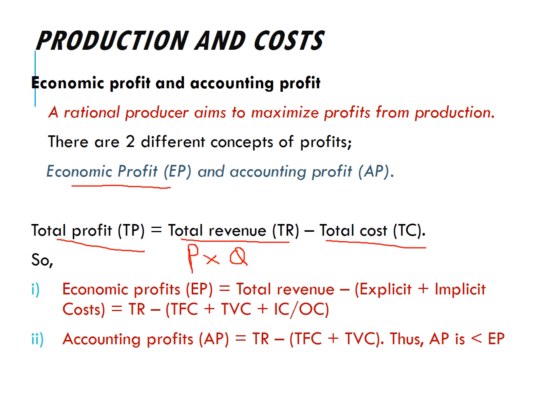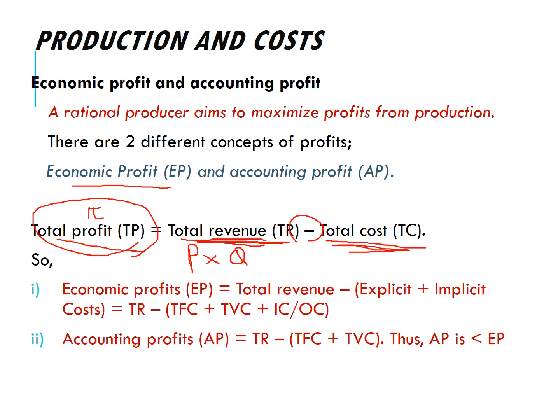So total revenue is 10 ringgit per unit times 5 units, so you will get total revenue of 50 ringgit. This total revenue is not a profit yet because you have not deducted total cost. So the total revenue that you get, P times Q, minus total cost, you will get the total profit. The symbol for the profit is pi. So pi equals TR minus TC.